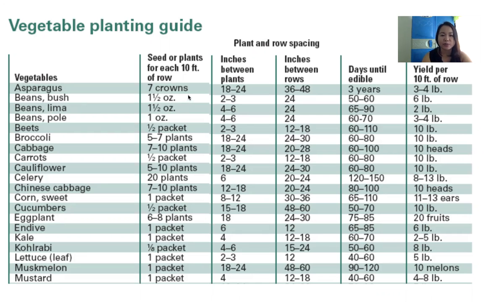We use 7 crowns, planted 18 to 24 inches apart, in rows 36 to 48 inches apart. These are good for 3 years, with a 3 to 4 pounds yield per 10 feet of row.